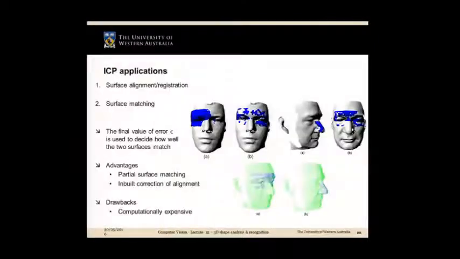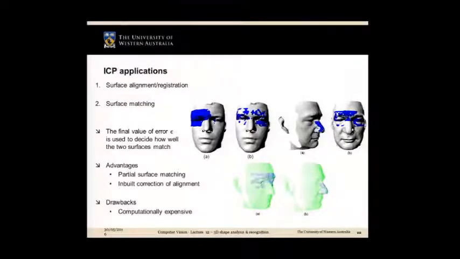Okay, so ICP can be used for aligning or registering two different surfaces, two different point clouds. For example, two different 2.5D views. You can register those views using ICP.